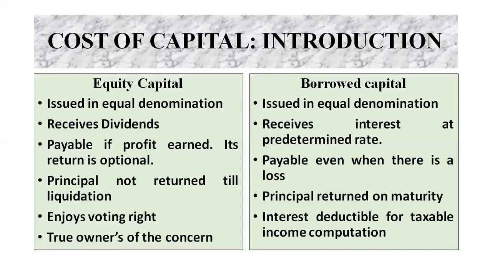Now, before issuing the borrowed capital, the company will see how much money is required to be borrowed. That will be divided into equal proportion, like equity share capital. And any person desiring to buy the bond can get it from the market according to his capacity.